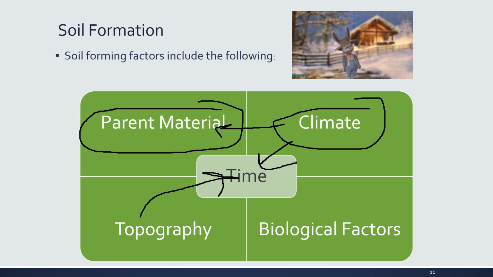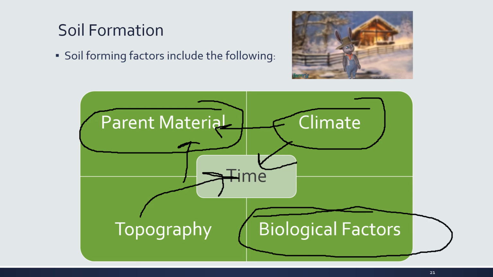All of this affects, with time, how the parent material is converted to soil. And then, of course, there are the biological factors. That means living creatures that help to break down the soil. It's particularly true of plants and fungi and bacteria, which are very good at, in an established area, maintaining and making soil.